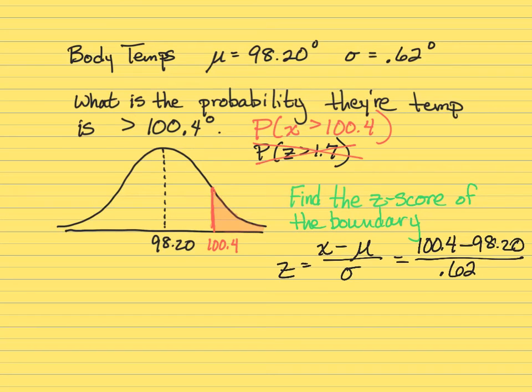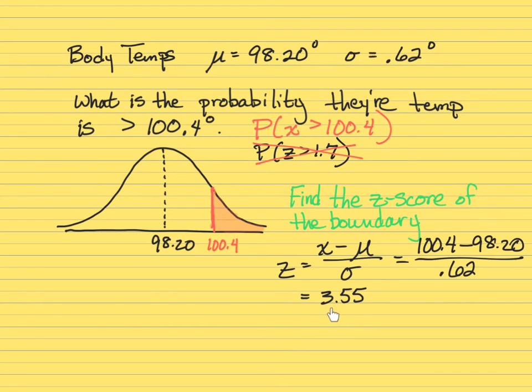This turns out to be 3.54 or 3.55, rounded to 2 decimals. Now, if we look in our table, again, our table only gives left areas, so it's only giving the area over here. If I look up this z-score, 3.55, the table only goes up to 3.50 and up.